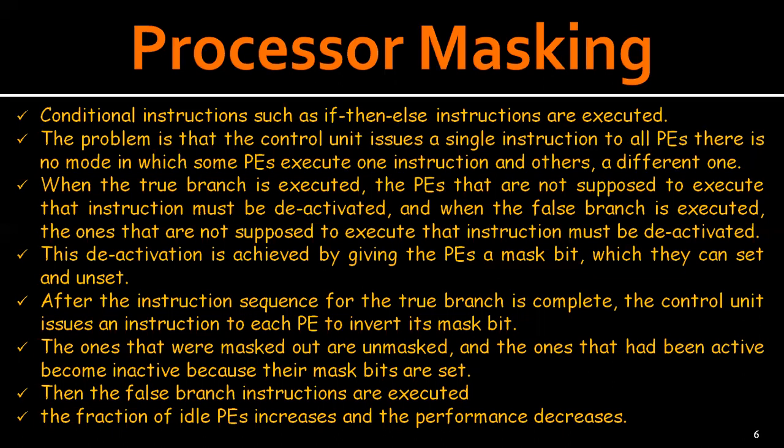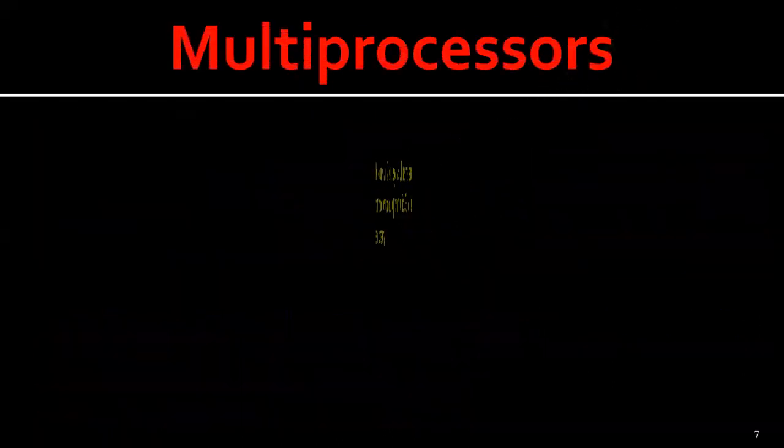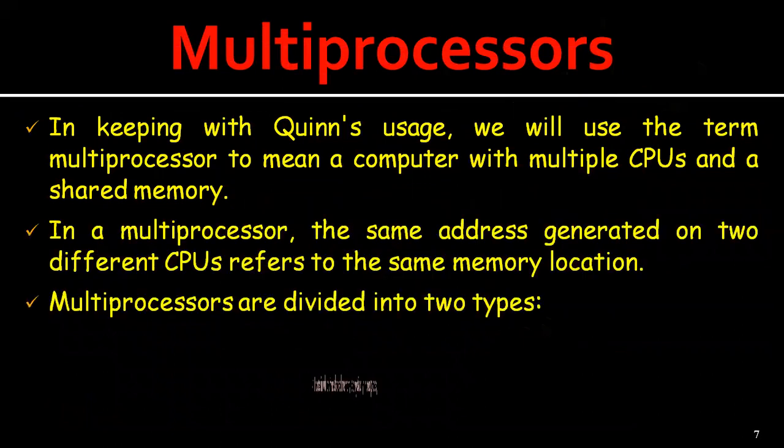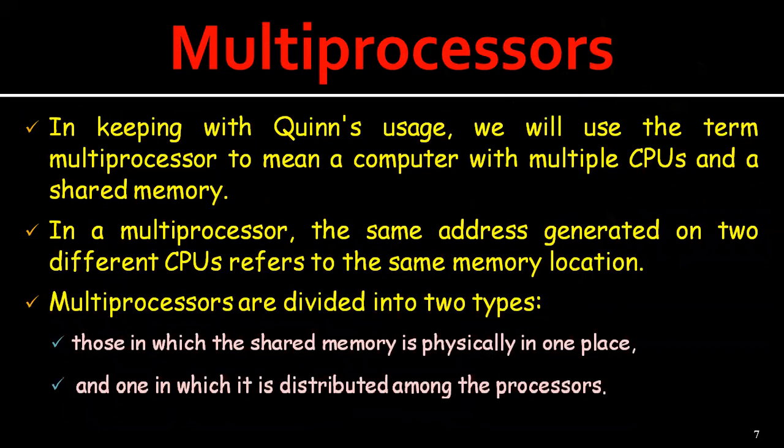Now let us see what multiprocessors are. In keeping with Quinn's usage, we will use the term multiprocessor to mean a computer with multiple CPUs and a shared memory. That is what many others call a shared memory multiprocessor.